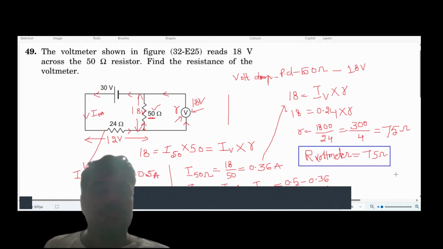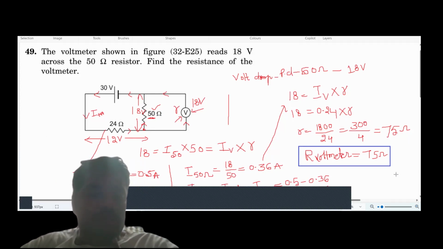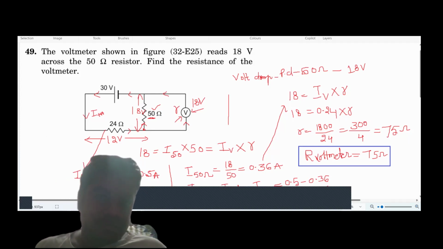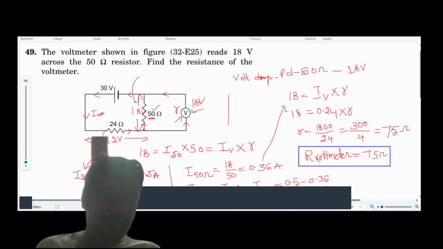Okay, so please observe what I did. As soon as I understood the potential difference across 50 ohm is 18 volt, I understood that the remaining voltage drop is definitely across the 24 ohm. So the current flowing through it can be found by V by R, 12 volt by 24, which is 0.5, the total current delivered from the source.